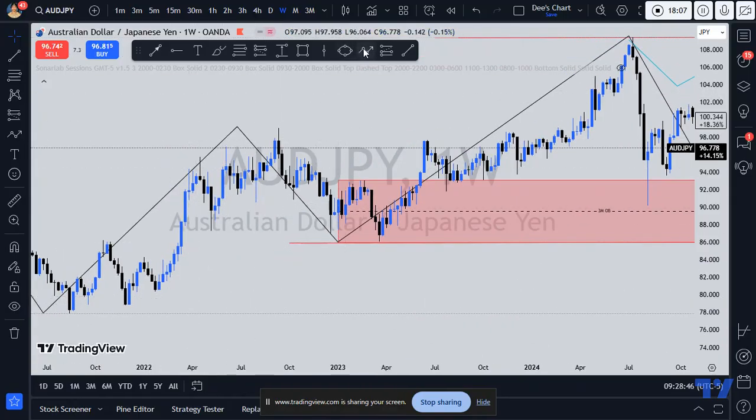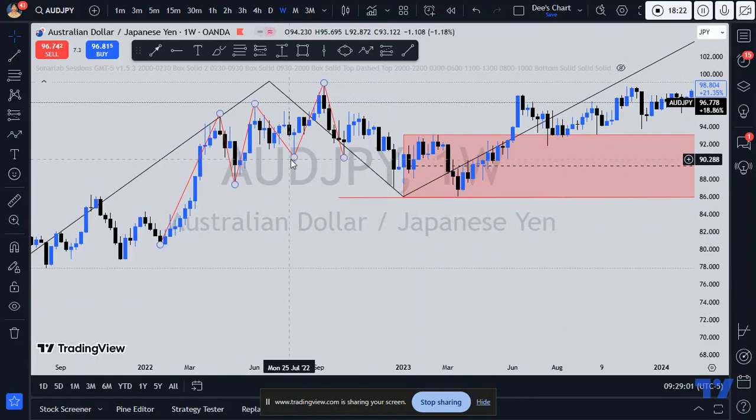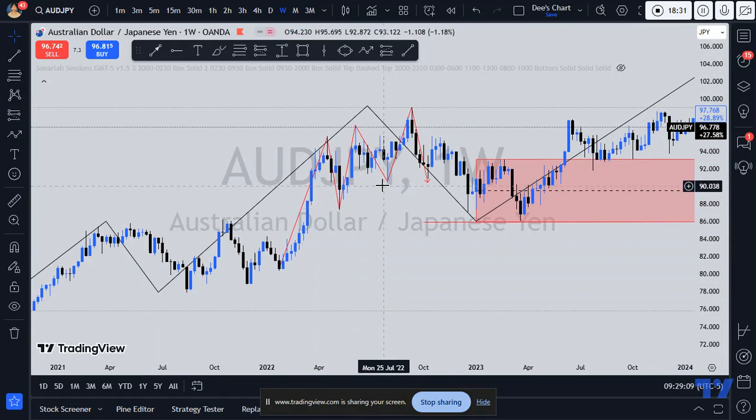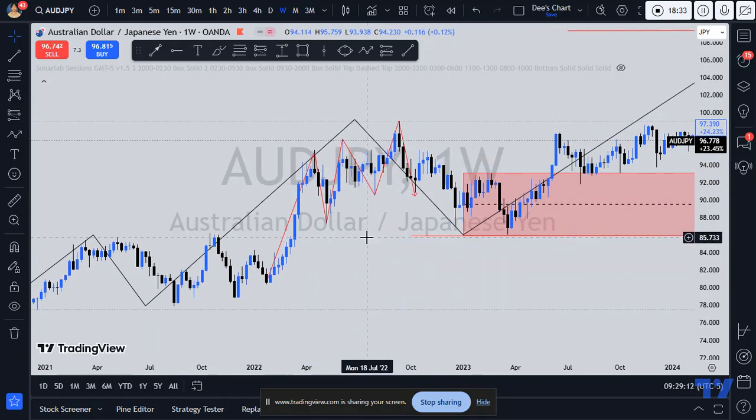So as you can see on the weekly time frame, which is a lower time frame, within this big impulsive move, you will have a series of higher highs and higher lows. Let me just draw this correctly. You will have a series of higher highs and higher lows until price gets to an area which is the swing high of the 3 monthly chart.